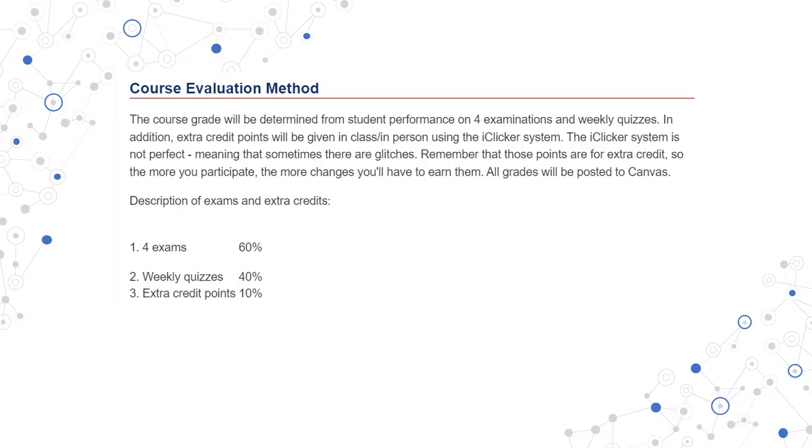And here is the deal with the grade, okay? You are going to be graded in 4 exams. So we're going to have 4 unit exams, okay? Each unit exam is not cumulative. So we are going from the first lecture until the lecture we cover just before the exam.